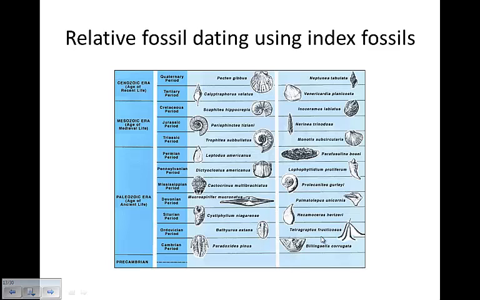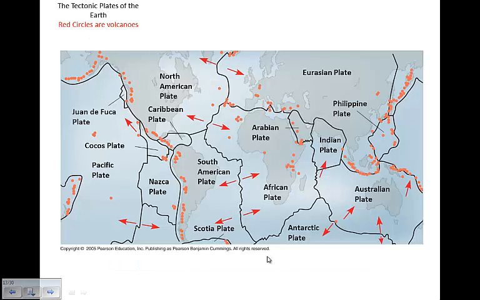If the unknown is found above the index, the unknown is younger. I mean, it just makes sense. If we found this, then we would say that this right here is younger than something we would find here. And if the unknown is found below it, then it's going to be older. So positions are relative to time, and it seems to make good sense.